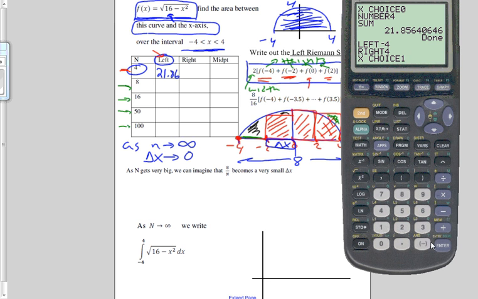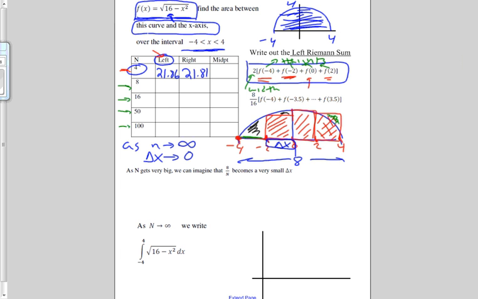That's a definition of this program that you just need to become familiar with. And the number, once again, is 4, because I'm doing 4 intervals. So now I have a right bound, and the result is identical, 21.86. Why is it identical? It's identical due to the symmetry of our shape.